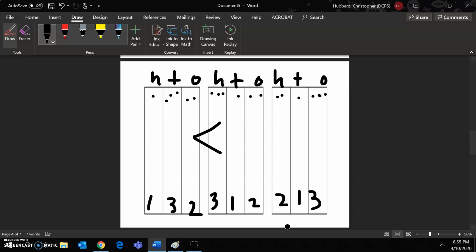So now we're going to put the symbol that shows us that 312 is greater. What sign are we going to put? This one. Great, because the smaller number eats the bigger number. So to read this sentence from left to right, 132 is less than 312. 312 is greater than 213.